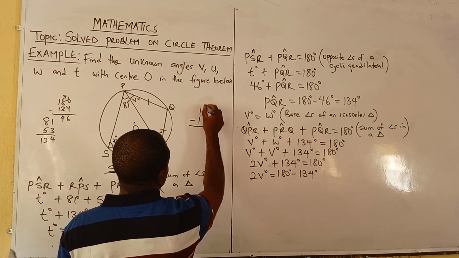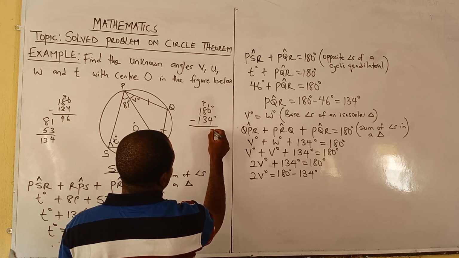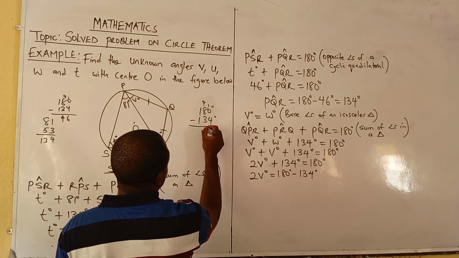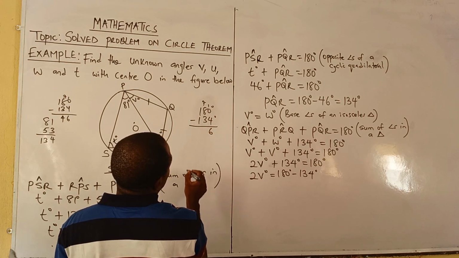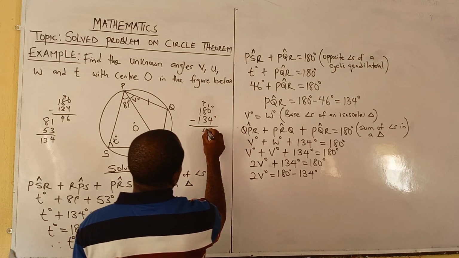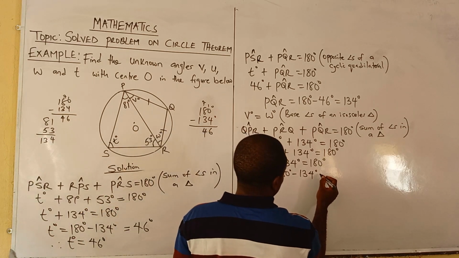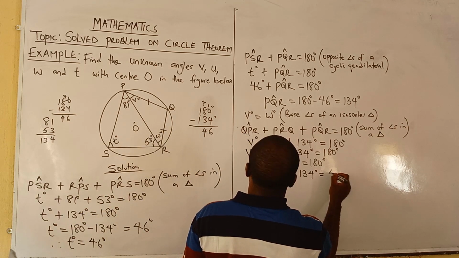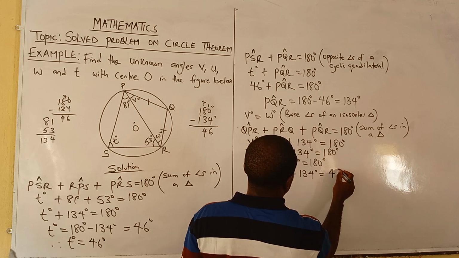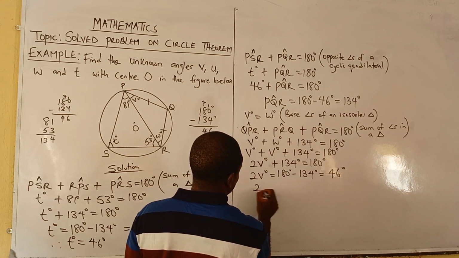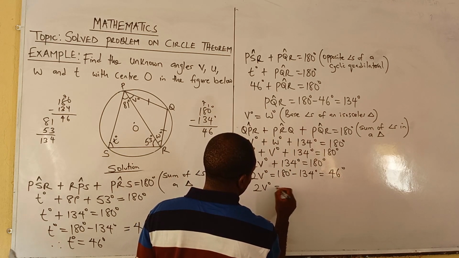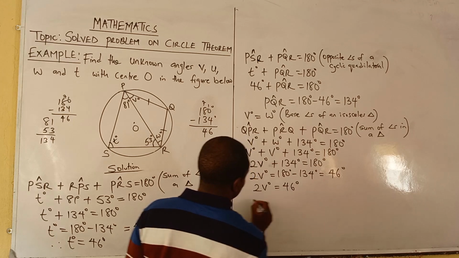Borrow 1, that's 10, 10 minus 4 is 6, 7 minus 3 is 4, so it's 46 degrees. 2V degrees equals 46 degrees.